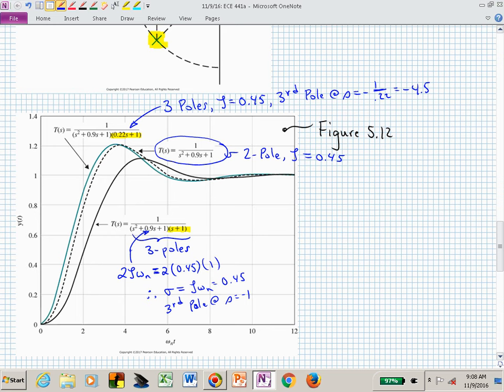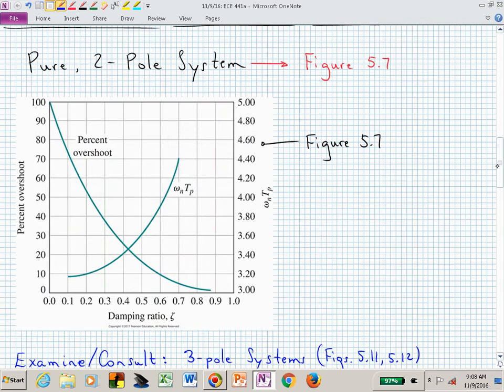We can go back to figure 5.7 and say, if we had a 20% overshoot, that puts us at a 0.45 zeta value. Is it clear where that's coming from?